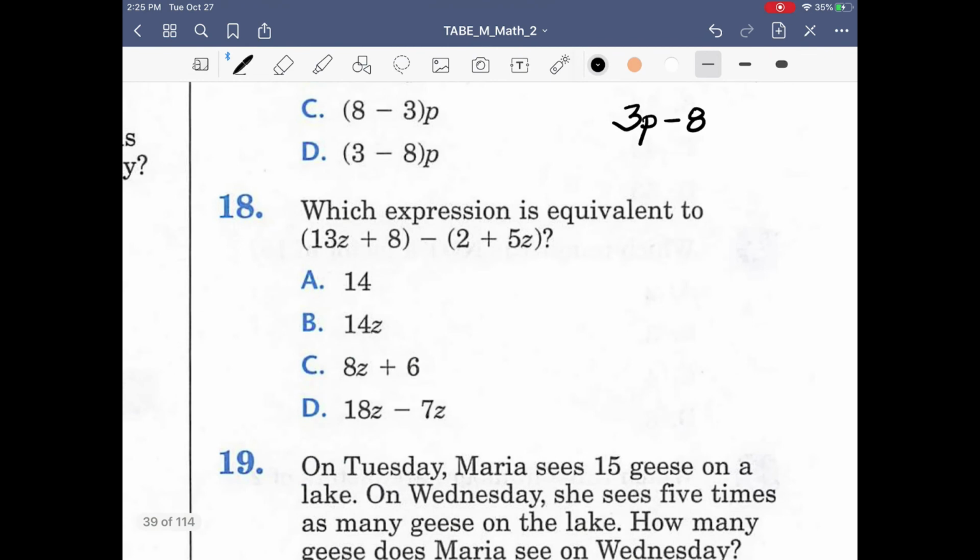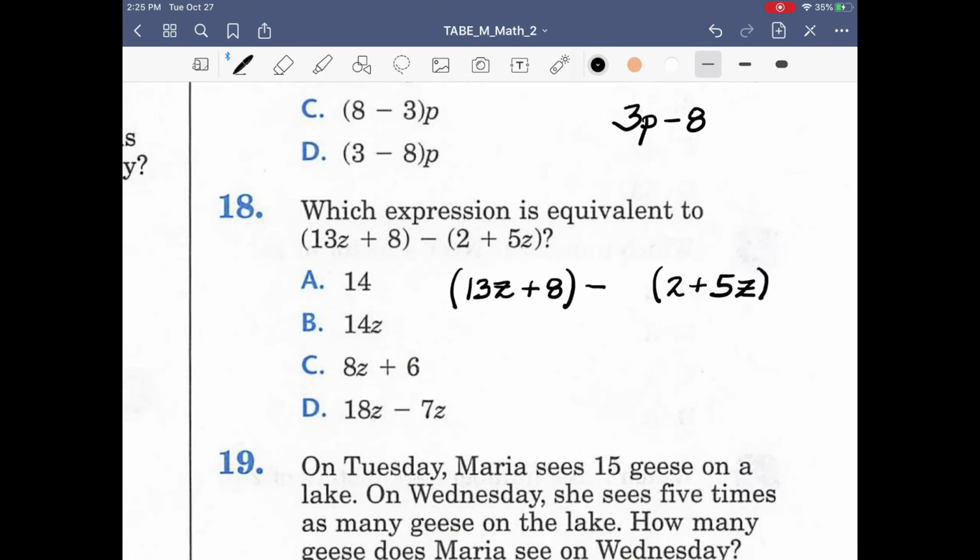Number 18. Which expression is equivalent to this one? So we have 13z plus 8 minus 2 plus 5z.